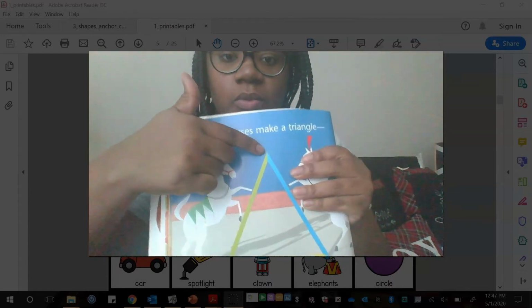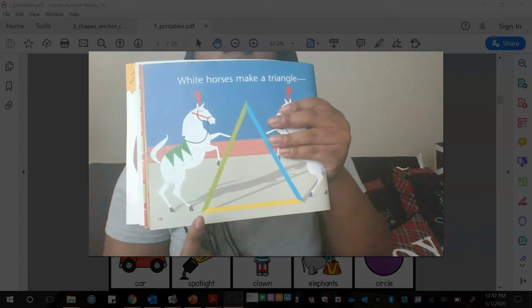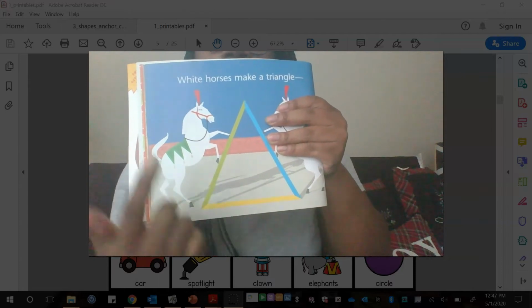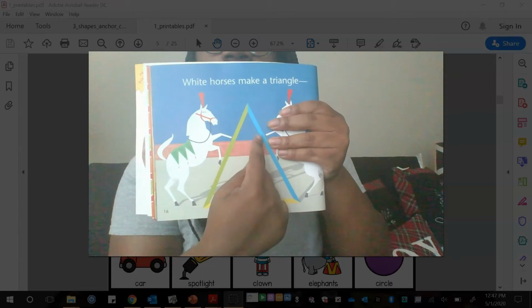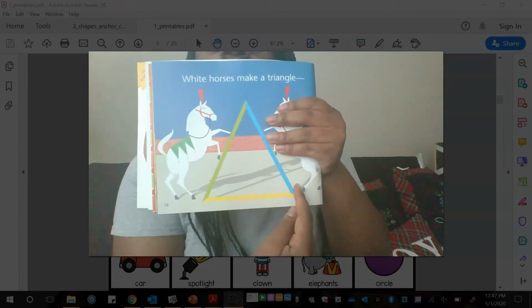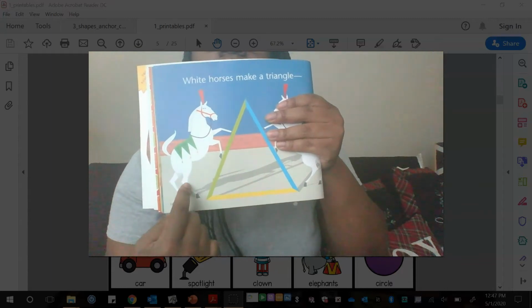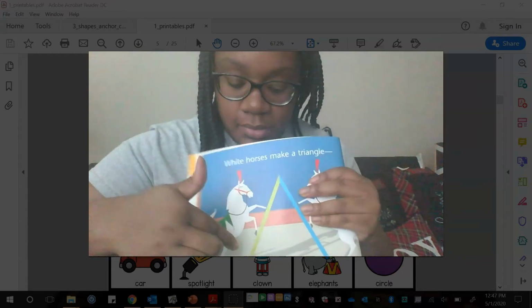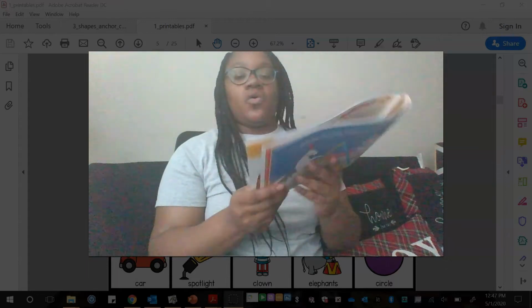Here's 1, 2, 3. Those are the 3 corners. So we're going to try again. Here's one side, 2 sides. Oh, I lost it. And 3 sides. So we have 3 sides and 3 corners.